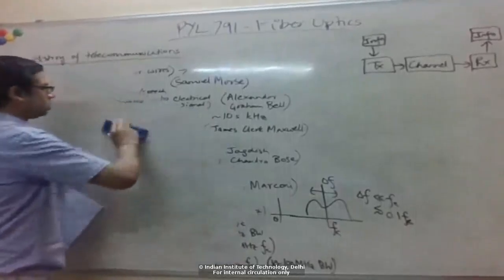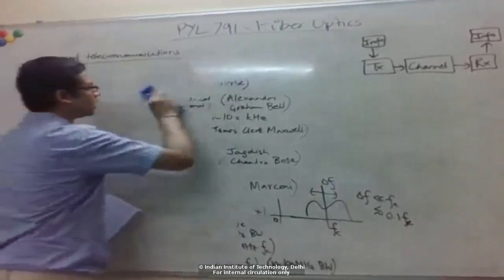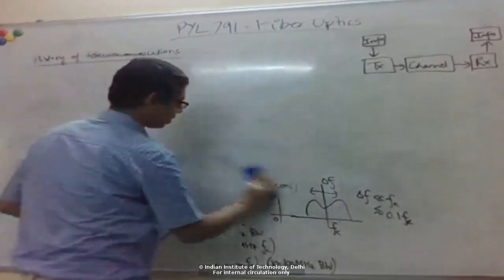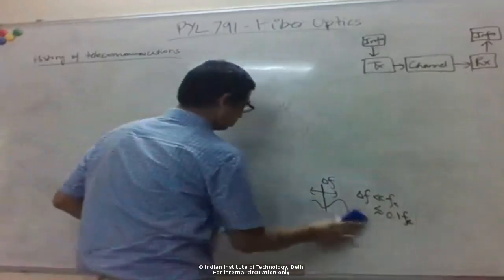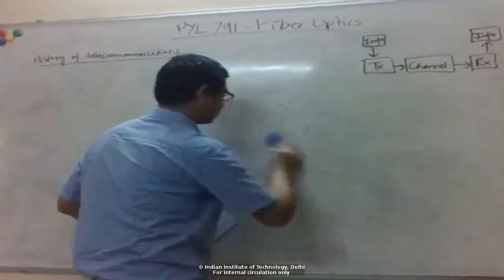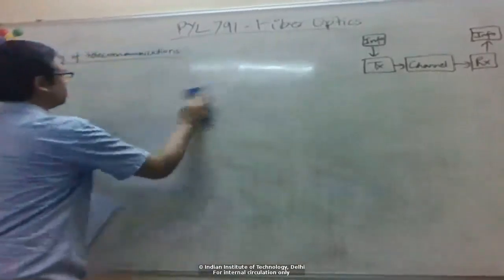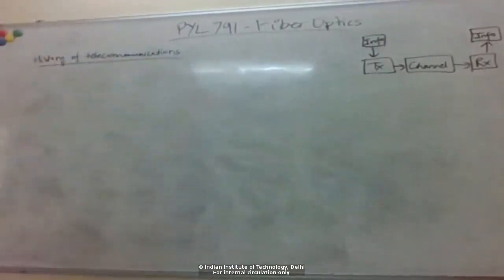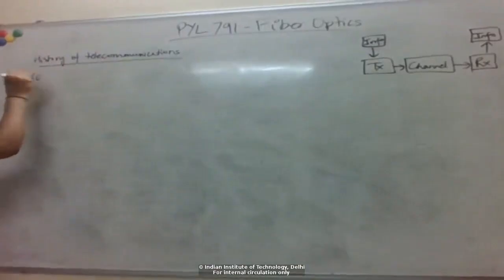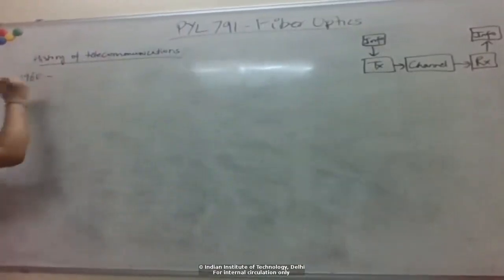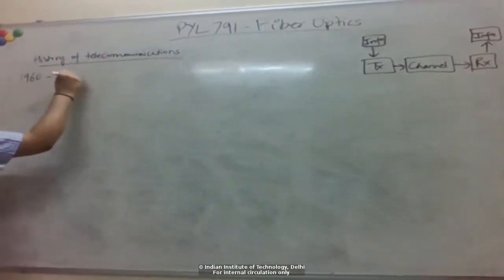Slowly people started using light, or optics, for information transmission rather than this electronic mode. Okay, so the first main advance in optics was in 1960 when the laser was invented.